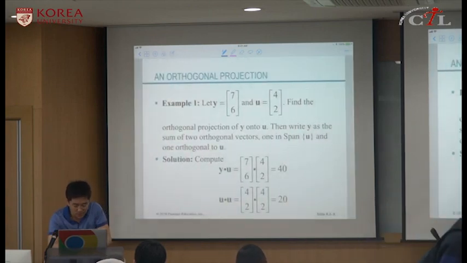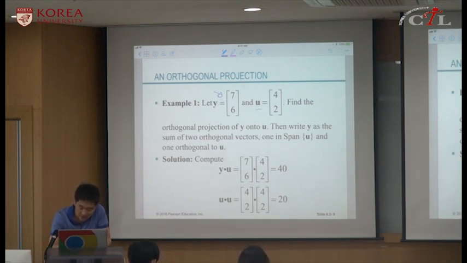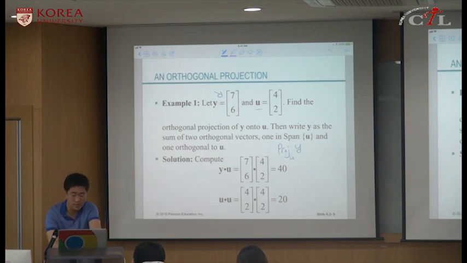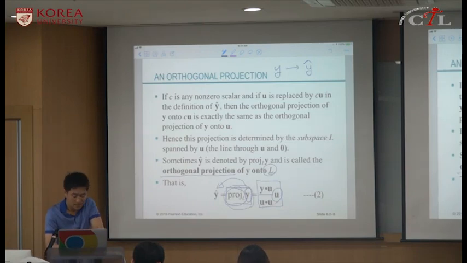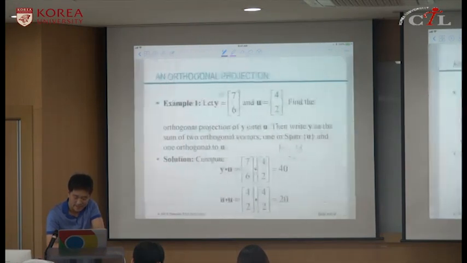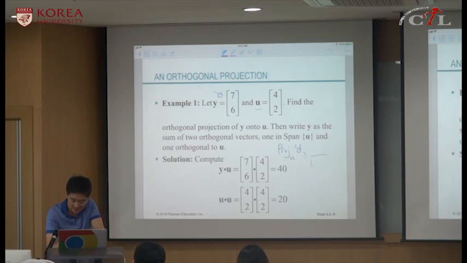Okay, so let's look at the example. We are given y and u, and we want to find the projection of y onto the line spanned by u. This is how we write this orthogonal projection: u dot y over u dot u, times u.